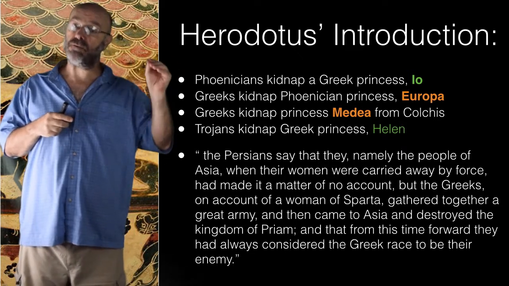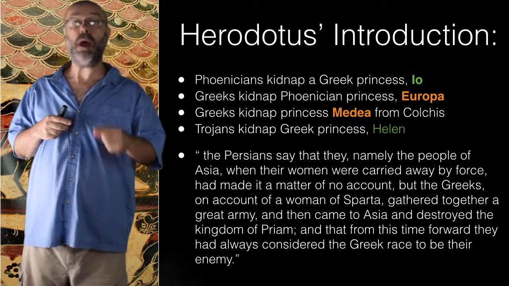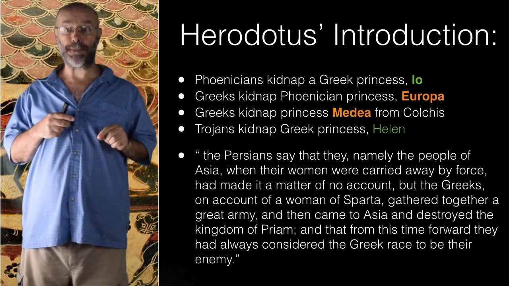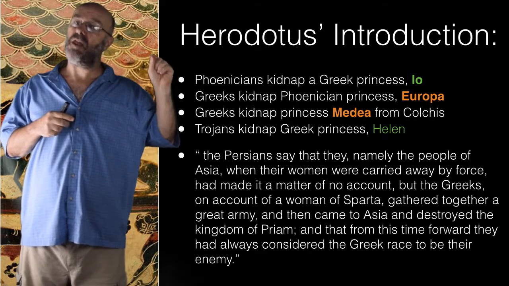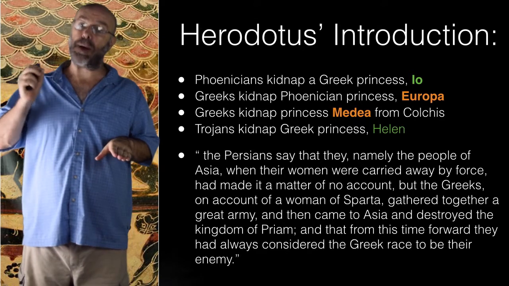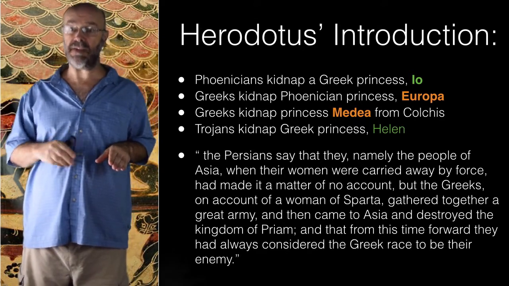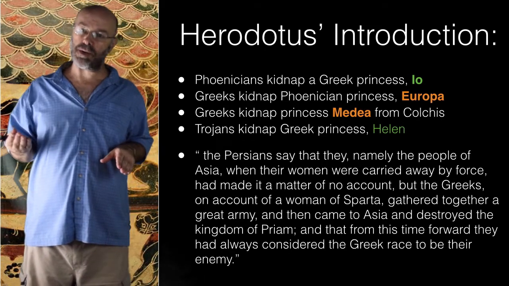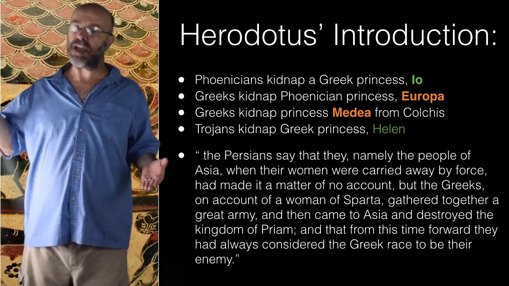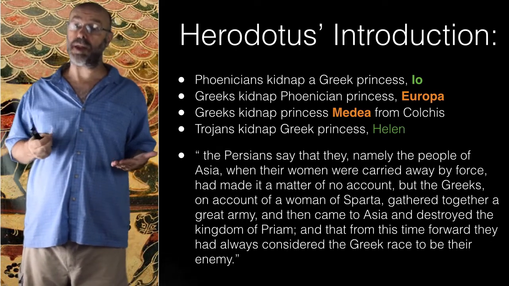The Greeks, in revenge, kidnap a Phoenician princess who's called Europa, also a figure from Greek myth. The Greeks then, unprovoked, because now the scores are settled, kidnap the princess Medea from the eastern end of the Black Sea, that is Colchis. And the Trojans, now because they're mad about that, they come and they kidnap the Greek, the Spartan princess Helen.